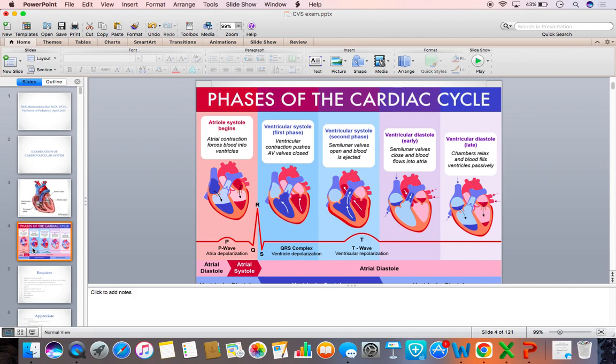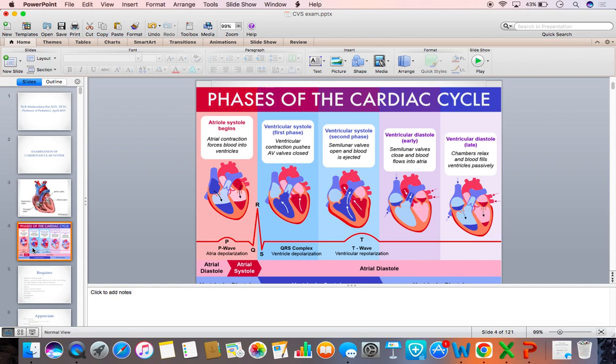As you can see, the cardiac cycle is divided into atrial systole, ventricular systole, which is again divided into first phase and second phase, and ventricular diastole, early and late phases. Yes, the cardiac cycle begins with the atrial systole and ends with the ventricular diastole. Right?